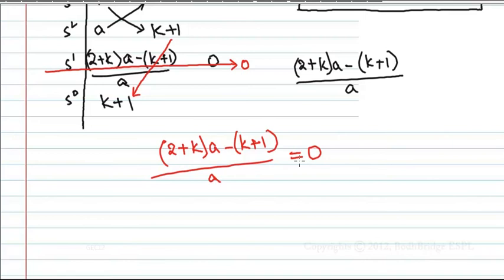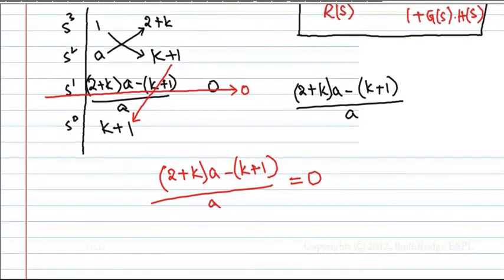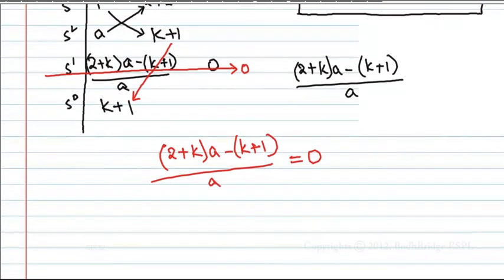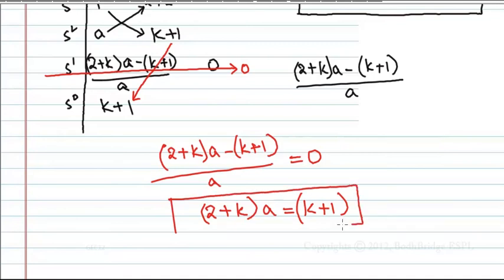I am just applying the rule. The rule says that if a whole row of zeros occurs in RH criteria, then we have oscillations. Therefore (2 + k) into a is equal to k plus 1. If this is satisfied, then the system is oscillating.